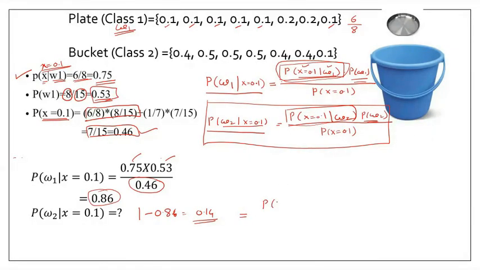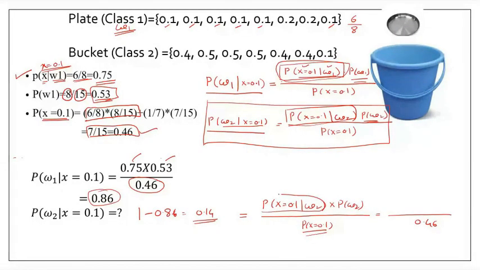I'm just repeating here, x is equal to 0.1 given omega 2 into probability of omega 2, divided by the evidence, x is equal to 0.1. You have already calculated this denominator, 0.46. Now, can you find out the probability of x is equal to 0.1 given it is omega 2?